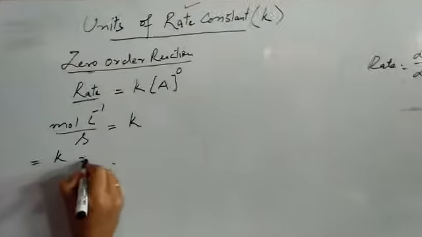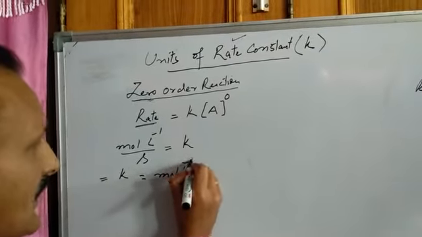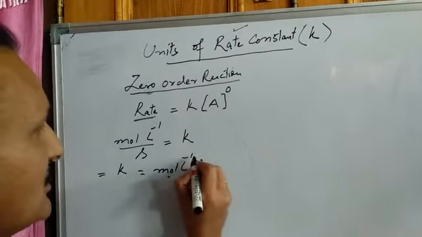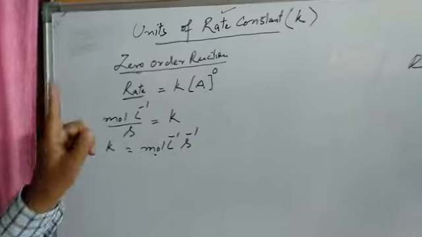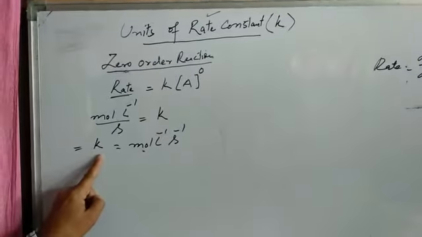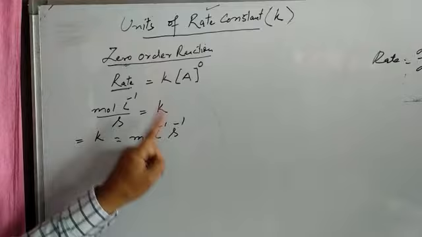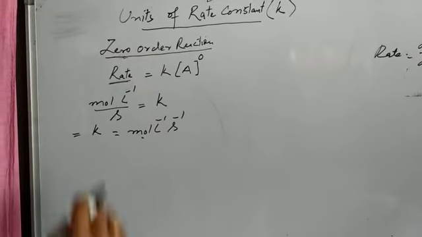The units of K are mole per liter, second will go to the numerator and its power will change to -1, that is per second. So the unit of rate constant for zero order reaction is mole per liter per second. This is all about the unit of a zero order reaction.